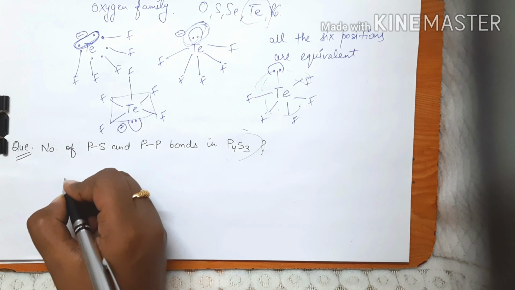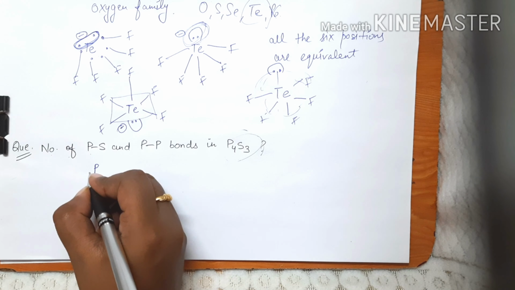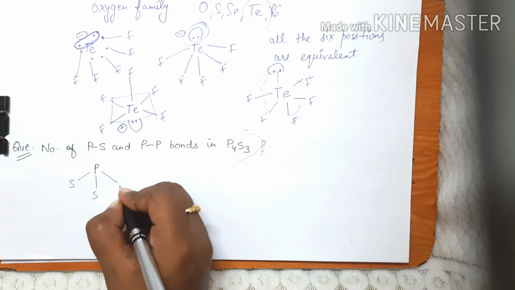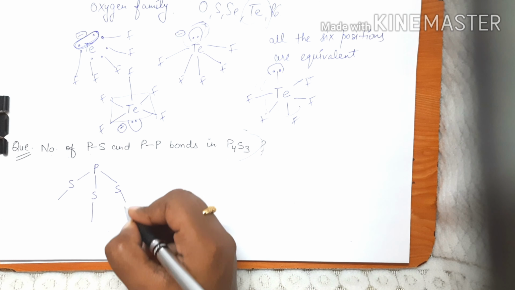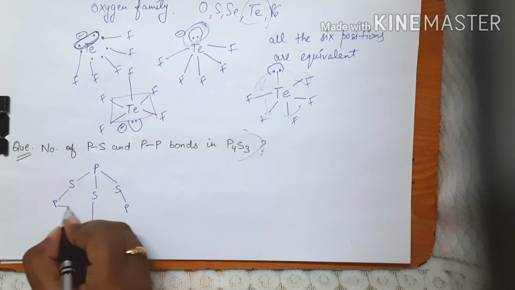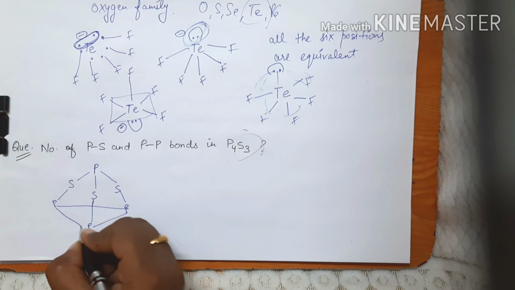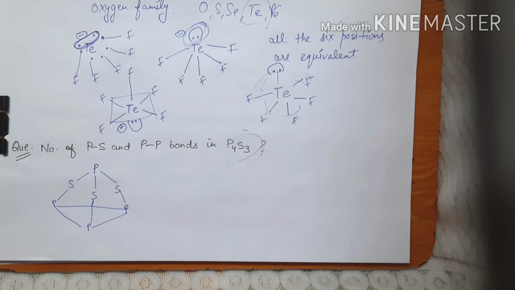So first we'll talk about P4S3. The shape of P4S3 is like this. This is the shape of the P4S3 molecule.